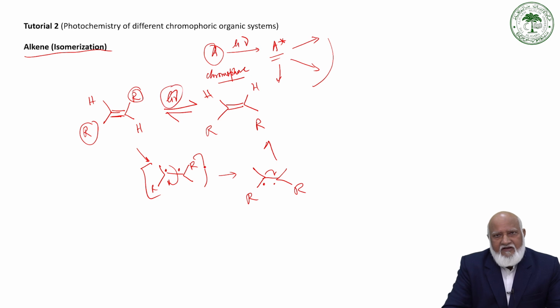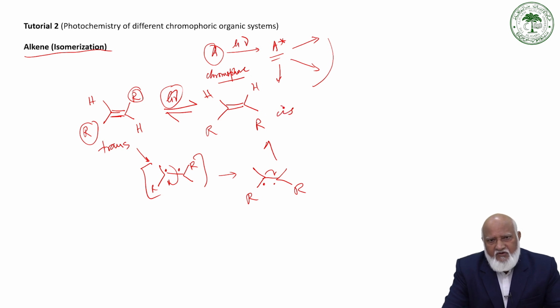There is always an equilibrium between the trans and cis. So it is not possible to get 100% conversion of trans to cis or cis to trans; it is always in equilibrium. And as we have seen in the previous classes, this reaction, cis-trans isomerization, follows a non-adiabatic pathway, where the excited reactant switches over to the ground state energy profile, and the rest of the reaction proceeds on the ground state surface.